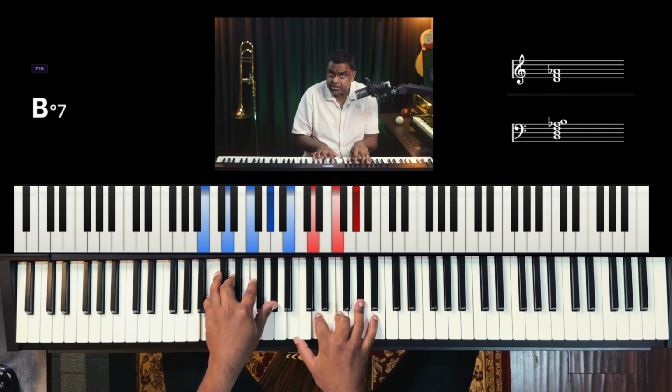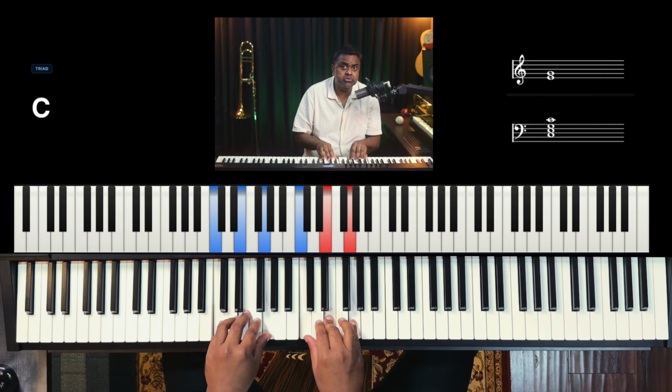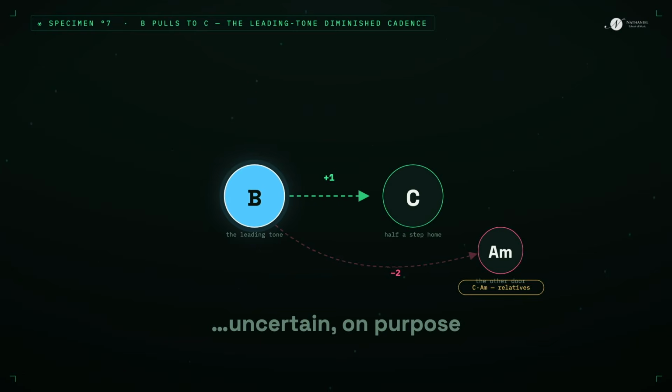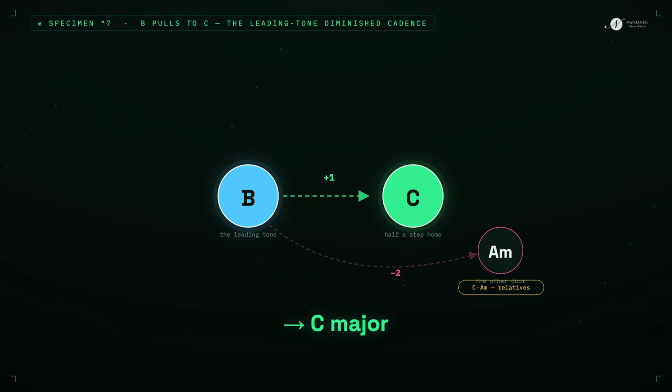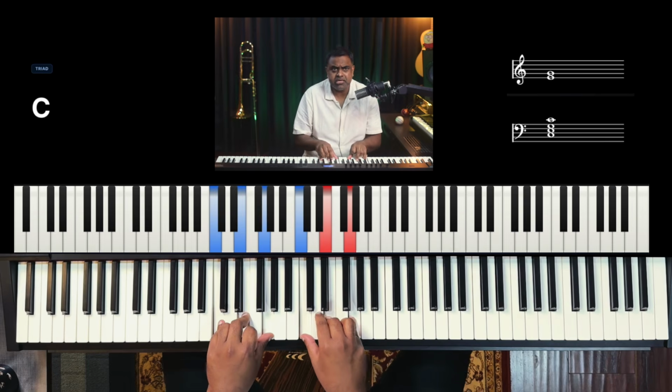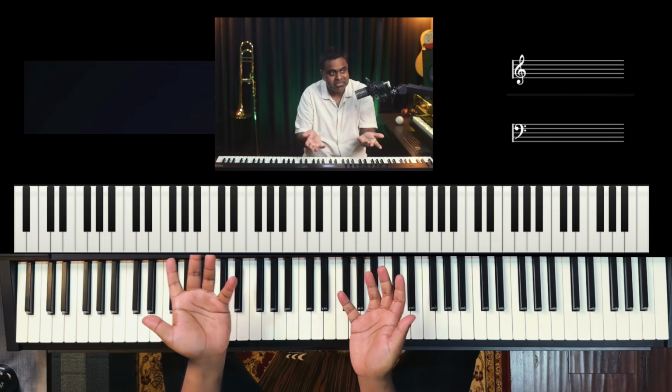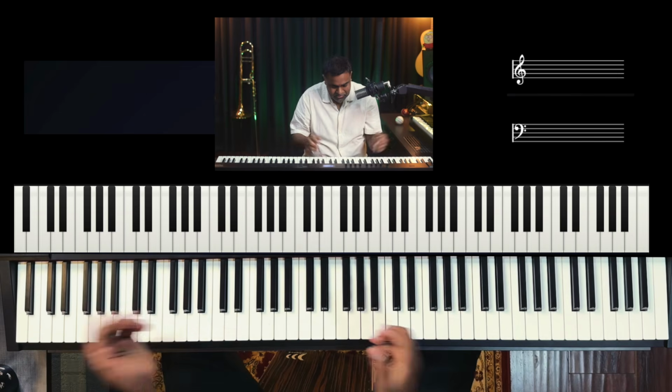But if you know your theory, what did I just sing? I sang B diminished 7, and resolved it to the C major chord. It was almost meant to go there, but it just feels a bit unknown at the time, at least.